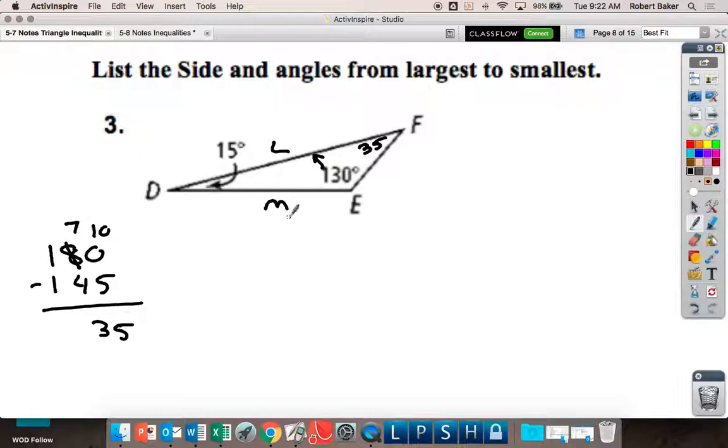Large, medium, small. This one should be a little easier because the angles are listed. What's the biggest angle? E, the medium angle. F, the smallest angle. D. Am I insulting your intelligence? Okay, so let's move on to the last thing.